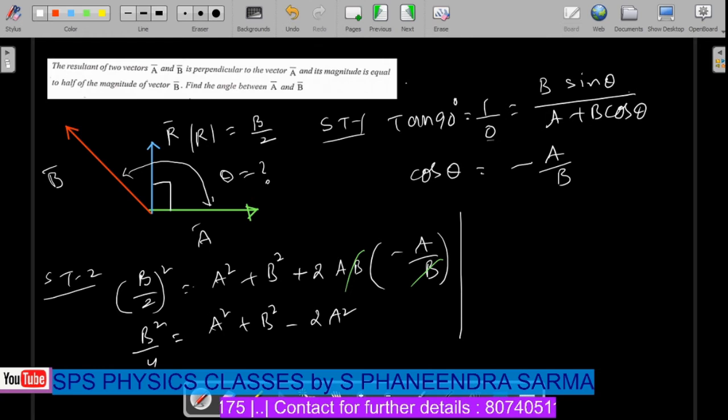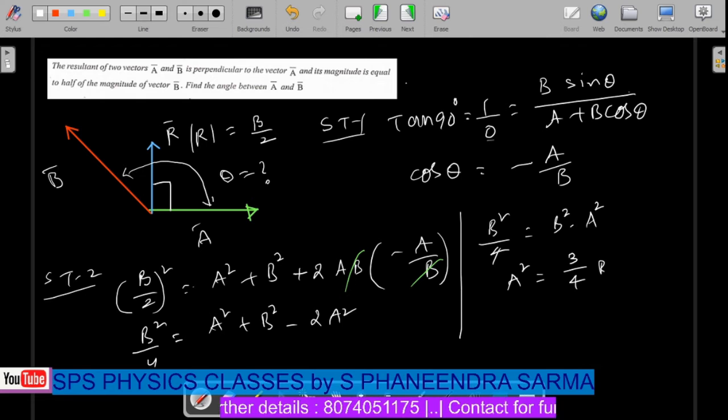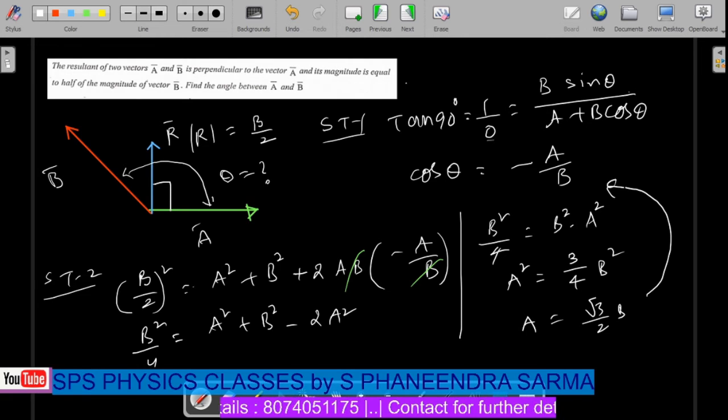Upon solving this, we have b square by 4 is equal to b square minus a square. Upon rearranging this, a square is equal to 3 by 4 b square, or the value of a is equal to root 3 by 2 b. So try to substitute this value here and we can find that the value is 90 plus 30, which is equal to 120 degrees. That is the right answer.